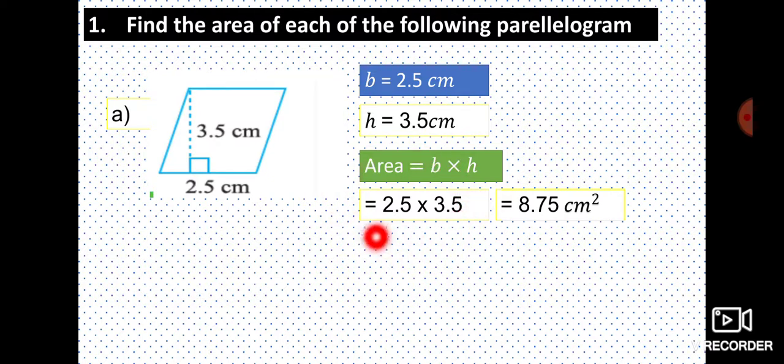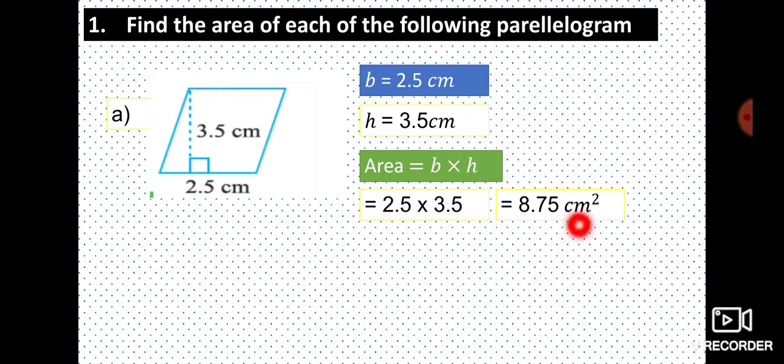The multiplication method is given with your note. By writing the notes, you find the product in your working column. 2.5 into 3.5, 25 into 35. You multiply 25 with 35.